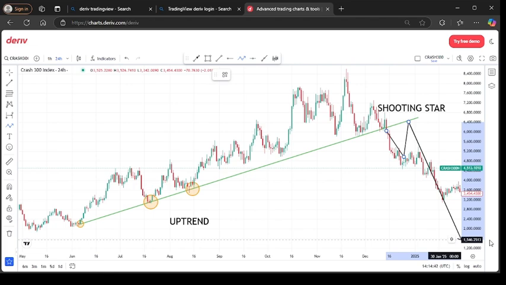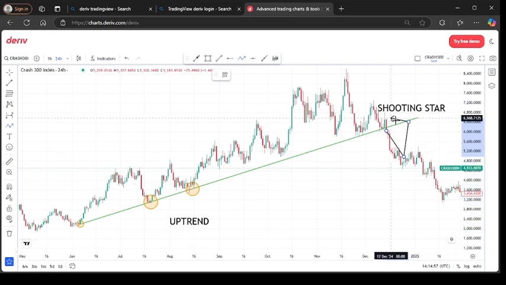Some might be asking, how do we enter in such a scenario? We need to enter on a rejection candle. You need to enter after you have confirmation from reversal candlestick patterns like shooting stars, pin bars, engulfing candles.